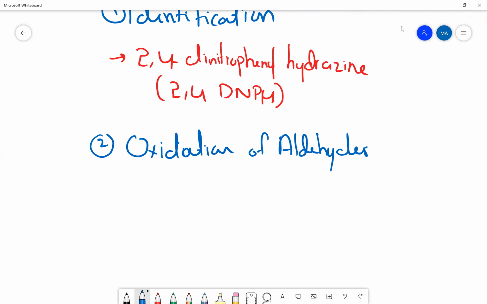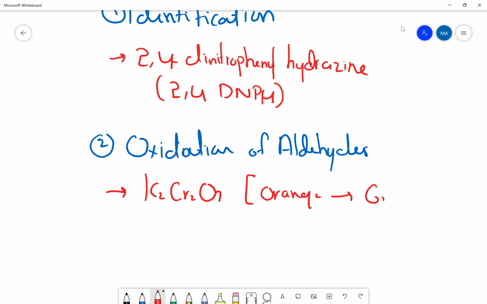So for oxidation, you can use K2Cr2O7. For this, you're going to observe a color change from orange to green. Sorry, I forgot to write the color change for this one as well.